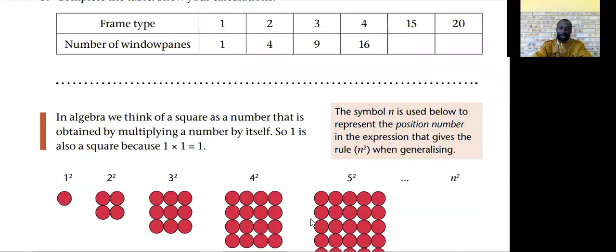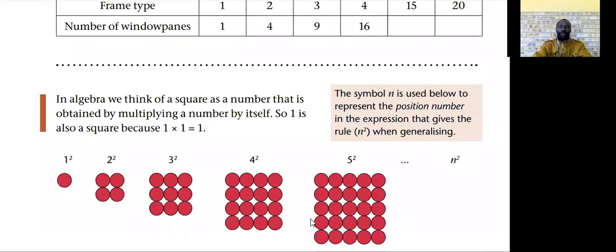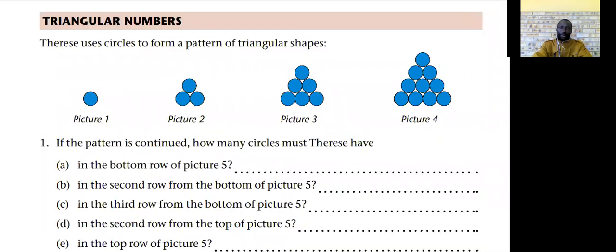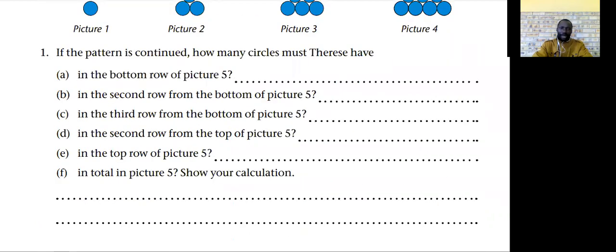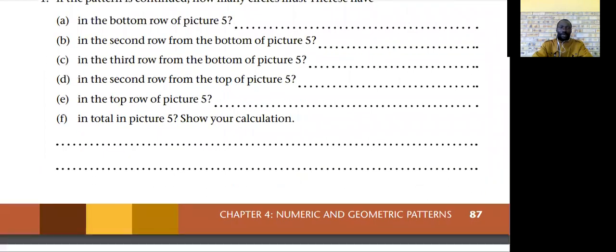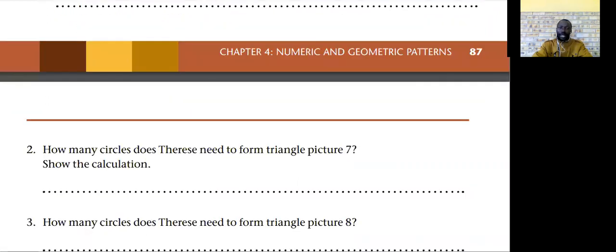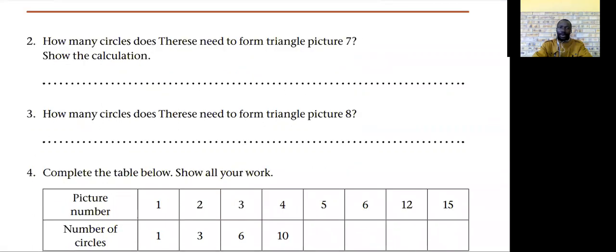This is just a general description for you. Then when you're done with square numbers, you will move on to triangular numbers. Triangular numbers is broken down into part 1. Part 1 is divided into A, B, C, D, E, F. Then it also has part 2, part 3, part 4.